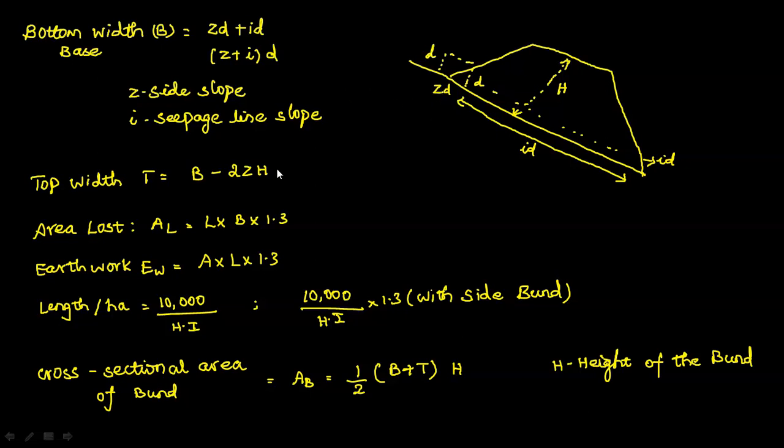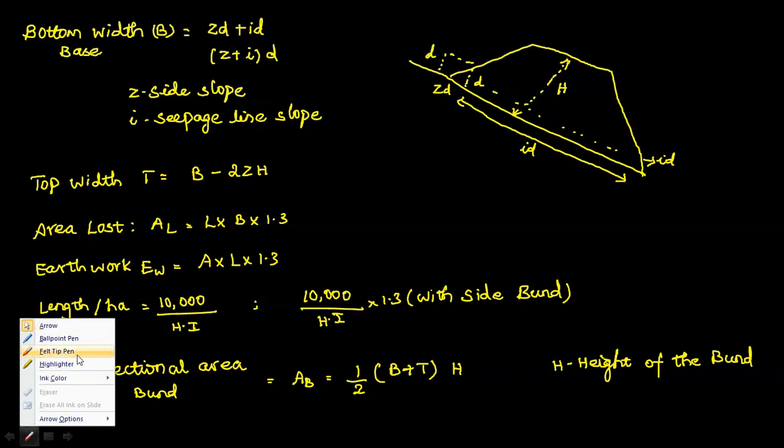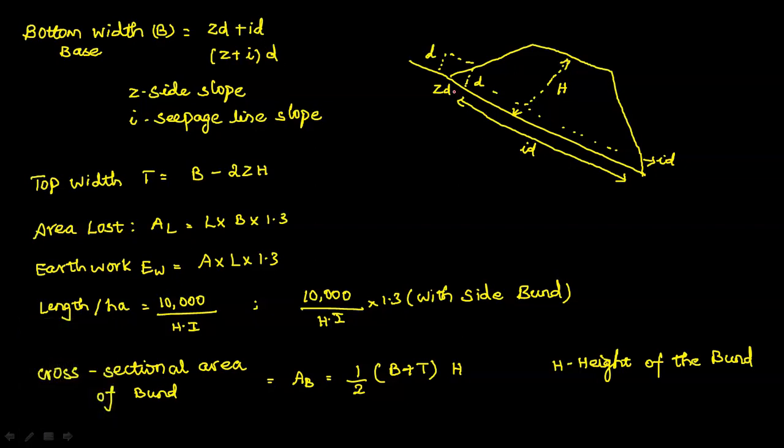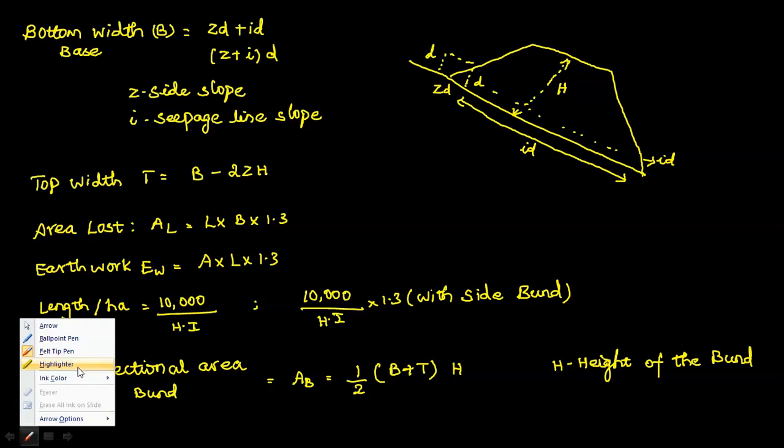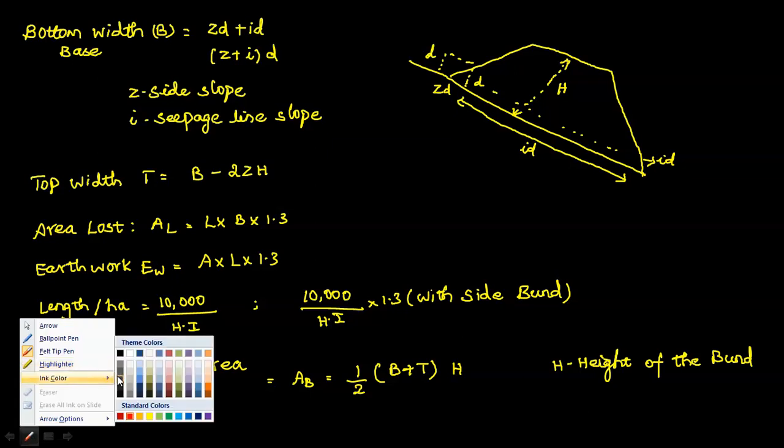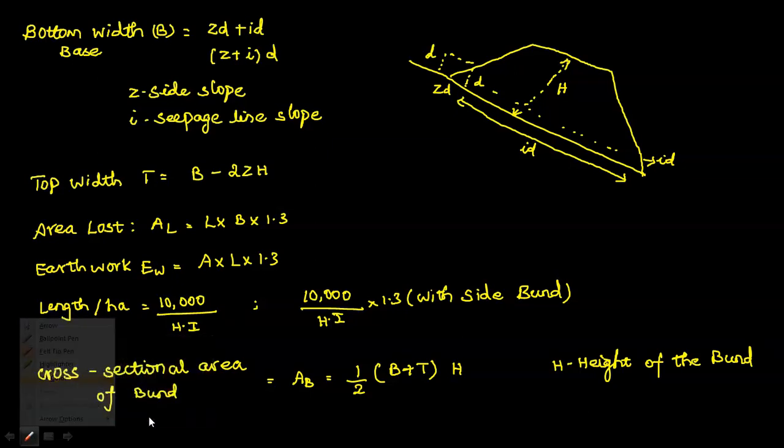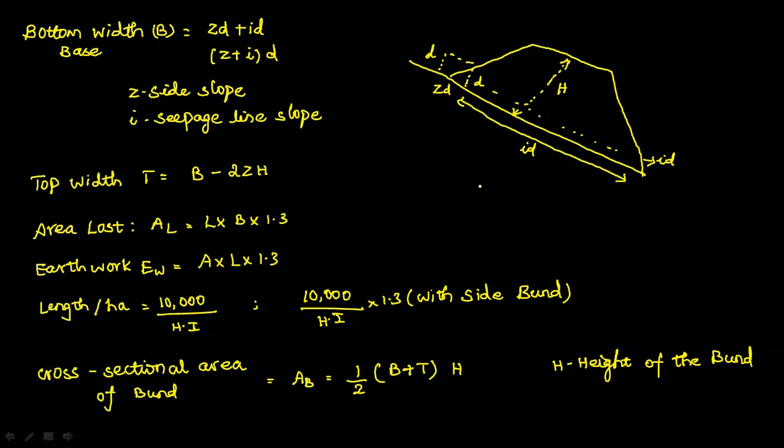According to this, the bottom width is equal to ZD, which is the side slope times the depth of water impounding, plus ID, which denotes the seepage line slope times the depth of water impounding. So the top width formula becomes B minus 2ZH, where B is the base width minus 2 into side slope into height of the bund. Here H denotes the height of the bund.